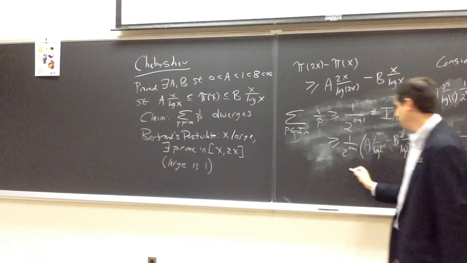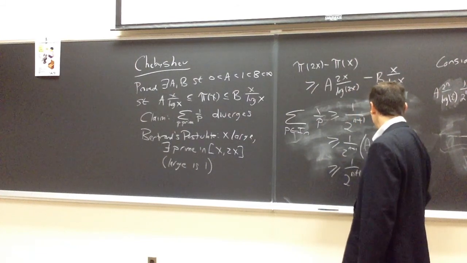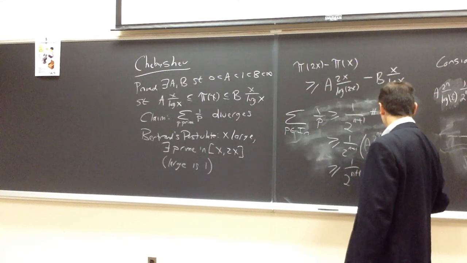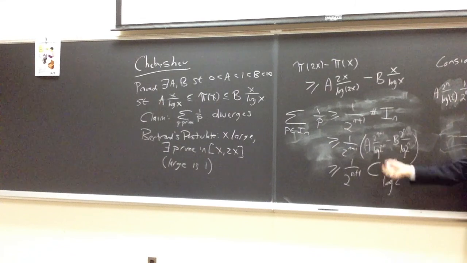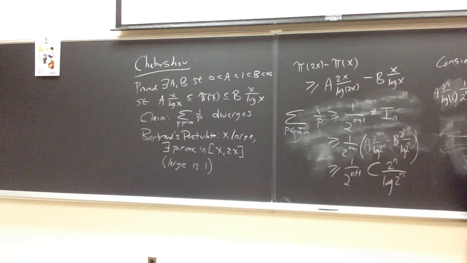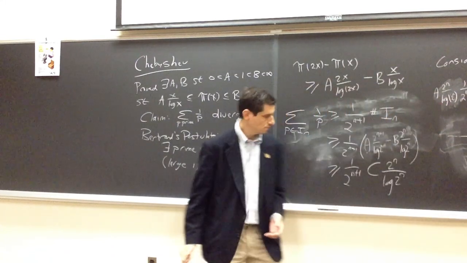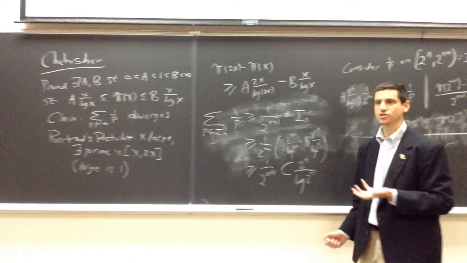So this would then become greater than or equal to 1 over 2^(n+1) times c 2^n over log 2^n. And now the argument would proceed exactly as before, and this would be essentially some constant divided by n. It doesn't matter here, because for something like this, that's going to just change things by a constant.